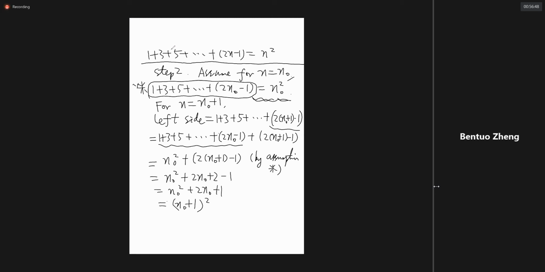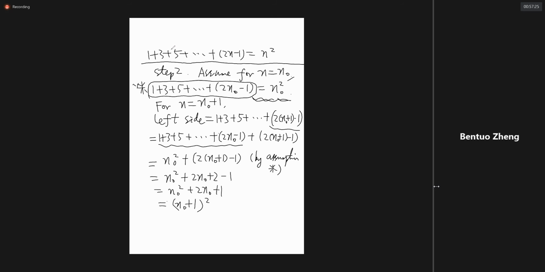Okay, so you can see in step 2, what we did is we assume for n equals n0, the equality holds. Now, for n equals n0 plus 1, we first compute the left-hand side. And when we compute the left-hand side, part of the summation appears in the hypothesis, assumption star. So we use the assumption to replace that partial summation by n0 squared.